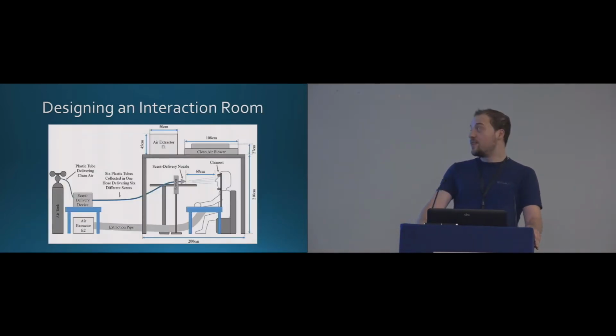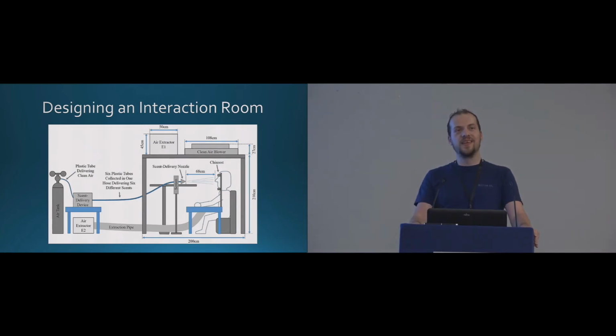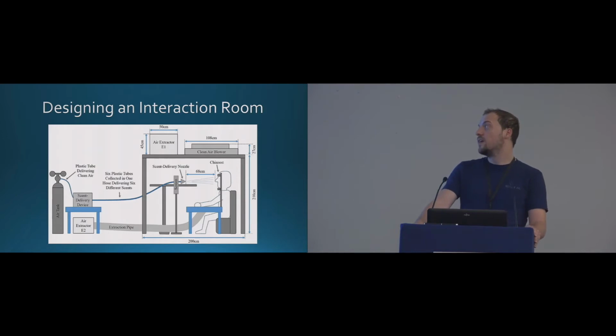And this is how we developed our olfactory interaction room. So it's actually a room in the room with its own ventilation system, which I have said is an issue when working with smells. There are 2 air extractors located outside and also a clean air blower.